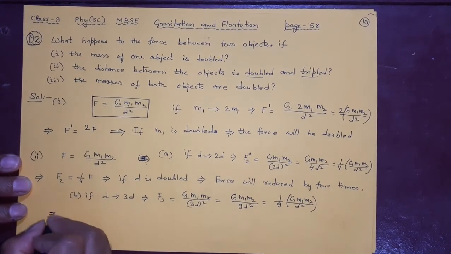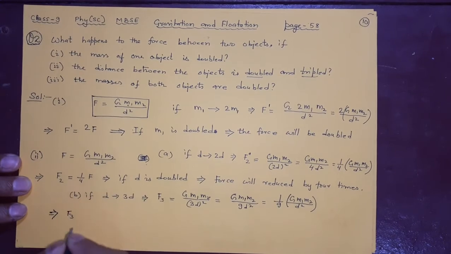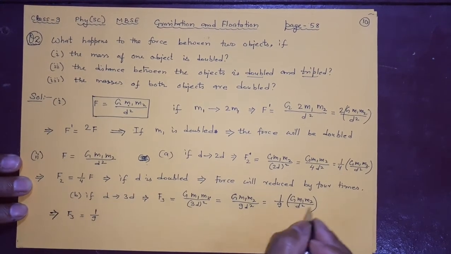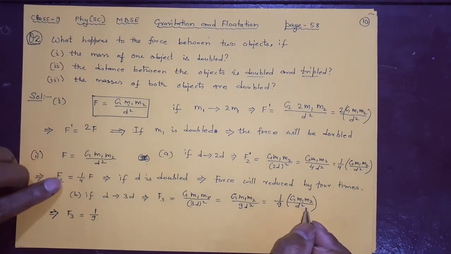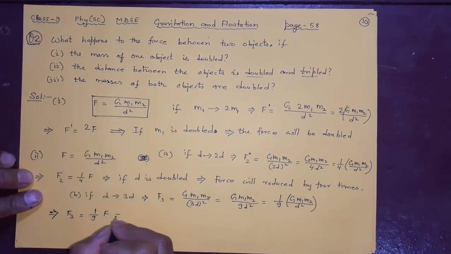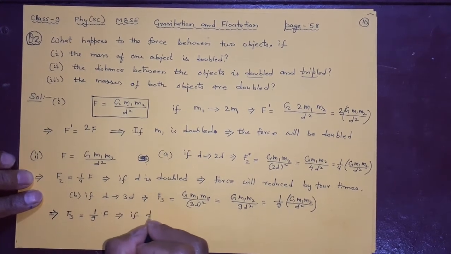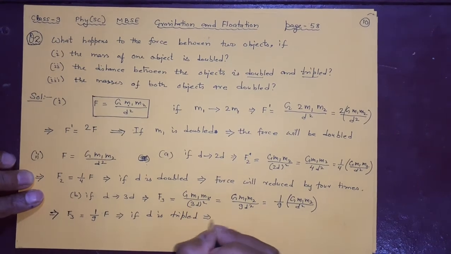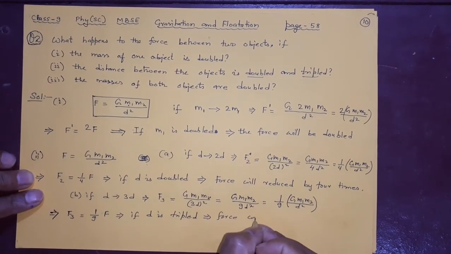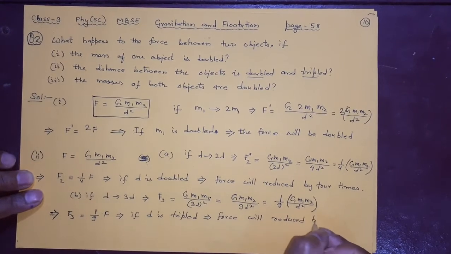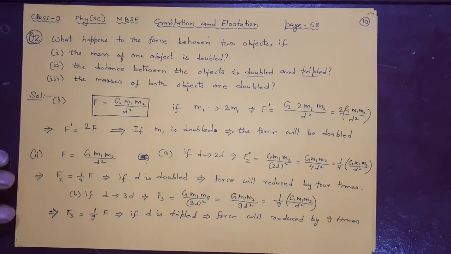What is this? F3 equal to 1 by 9 of the original force G m1 m2 by d square. So this means if d is tripled, force will be reduced by 9 times. Have you seen? 9 times it is reduced.